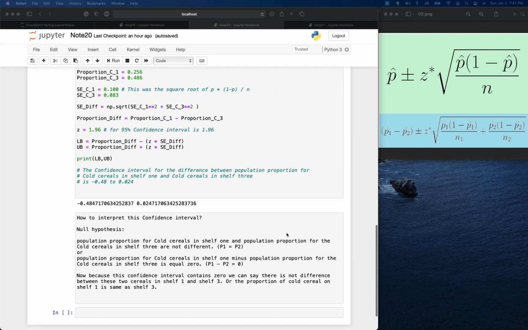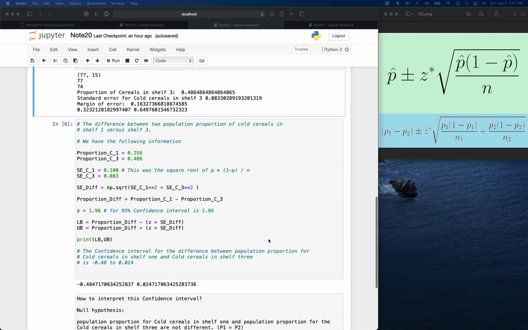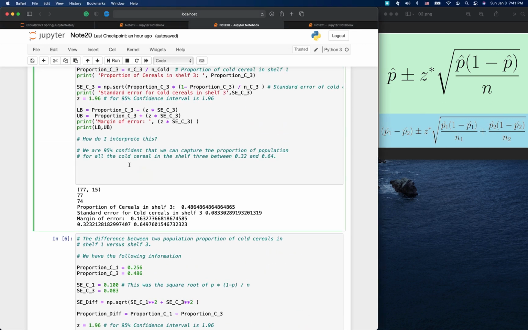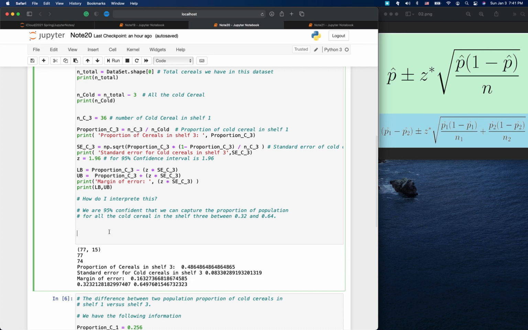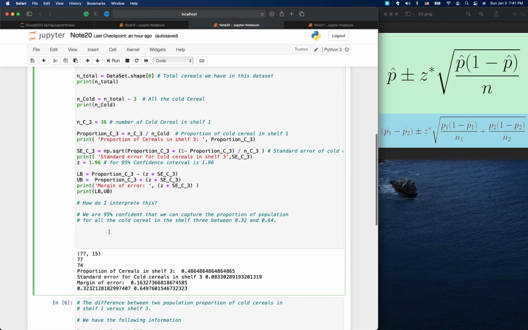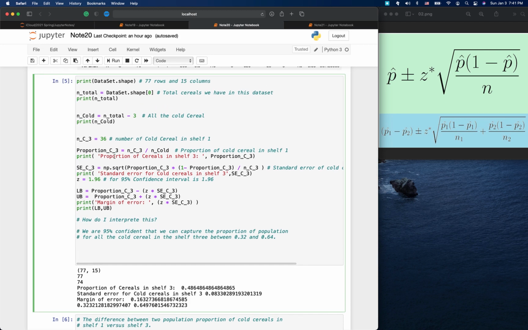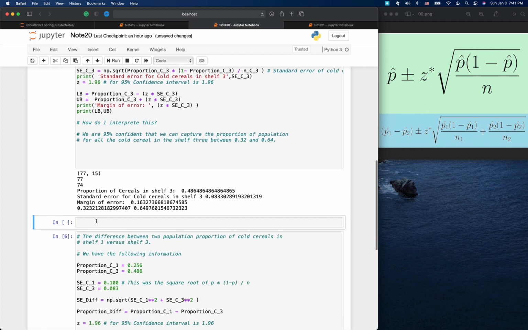Okay, so I wanted to show you how we can calculate the 95% confidence interval, for example, this one, using the statsmodels package. Okay, so let me create it using the statsmodels package.